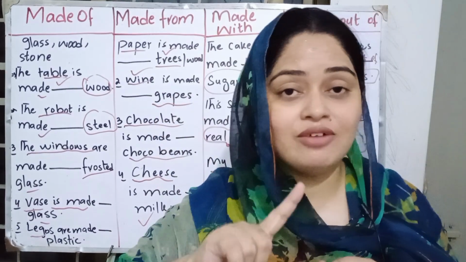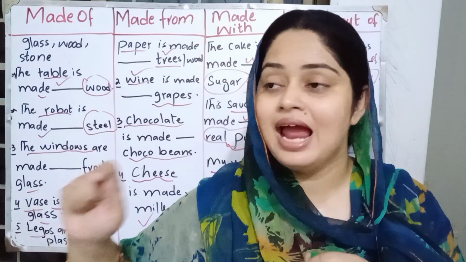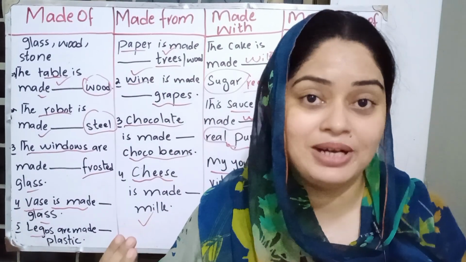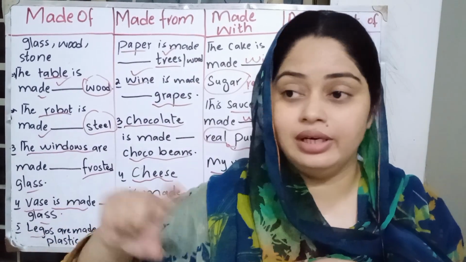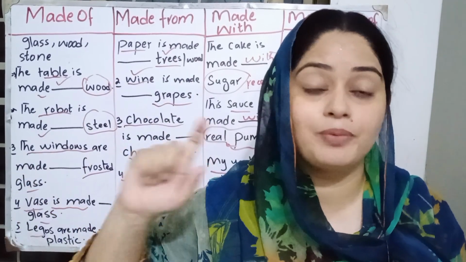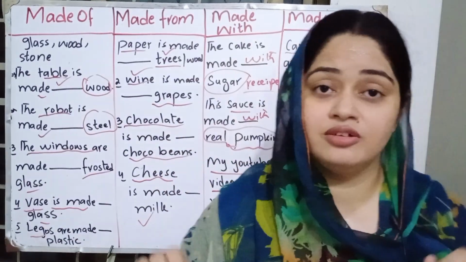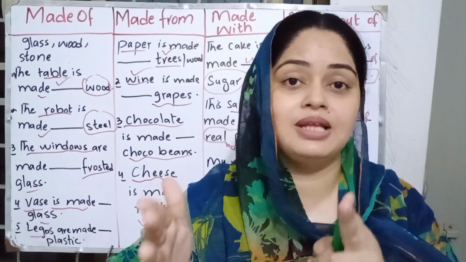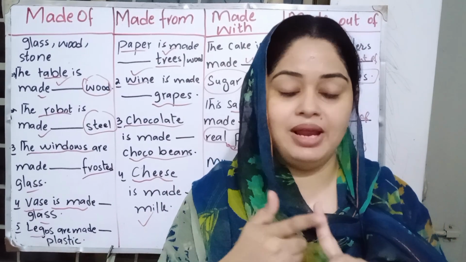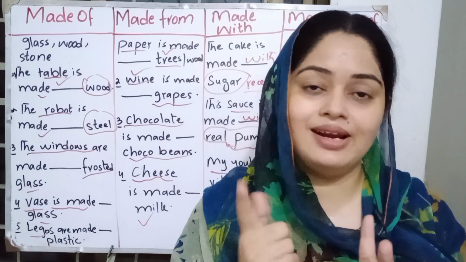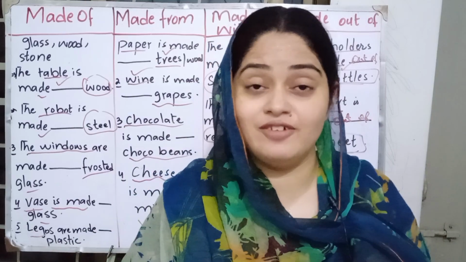Made from is used when we cannot recognize the original material and cannot get it back because it has gone through a manufacturing process. Made with describes the ingredients used in a recipe, cooking, and is used with care and love. Made out of is the recycling and creativity process.